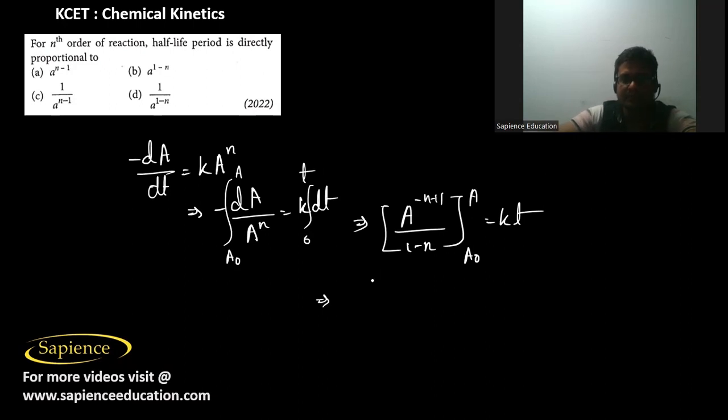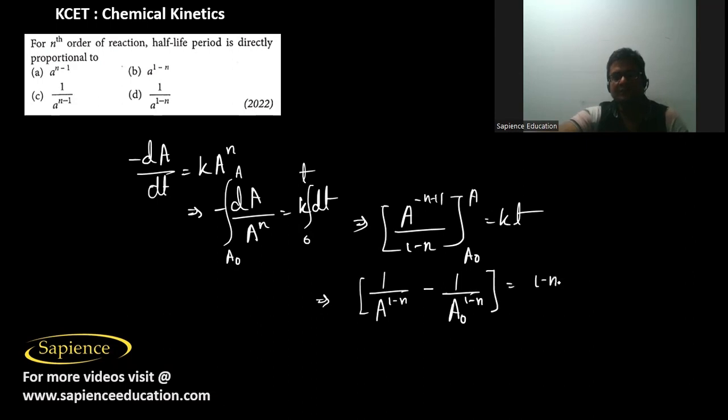Now this we can write as 1 by a power 1 minus n minus 1 by a naught power 1 minus n, which is equal to 1 minus n into k into t.